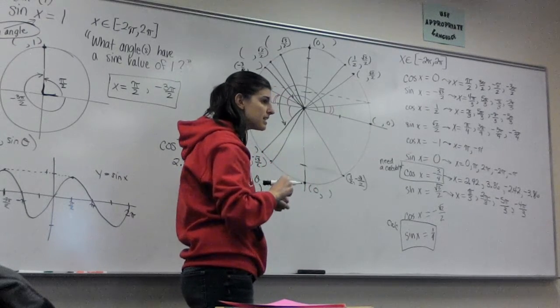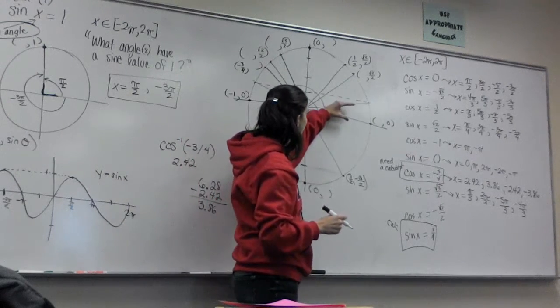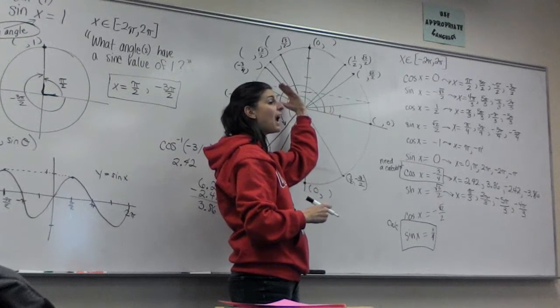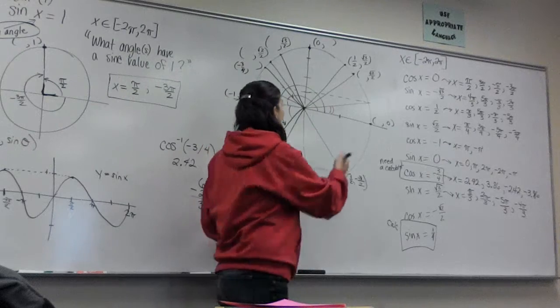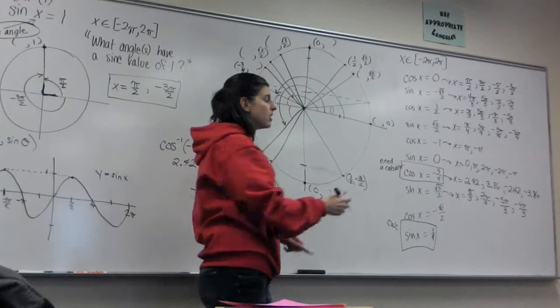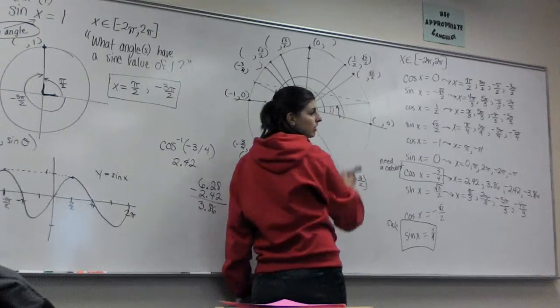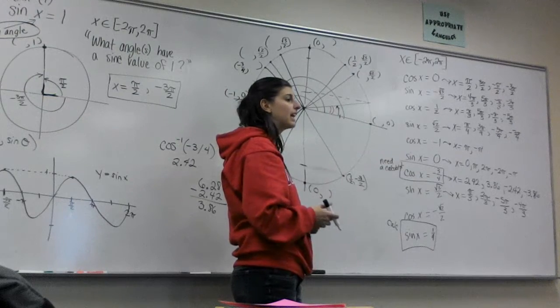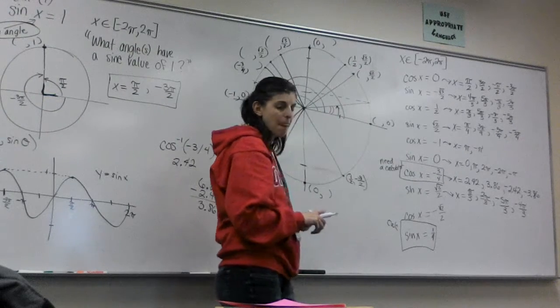Does that make sense? This width is going to be the same as that width. If I take pi minus that width, I'll get this angle, which is the other one I'm trying to find. So in my calculator, I'll get that angle, but I need this angle, so I'll take pi minus that angle to get it. All right?